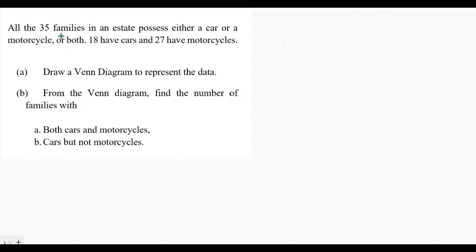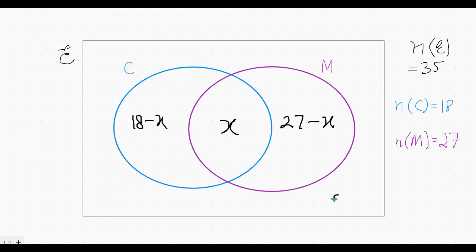So be careful and read the statement very carefully. There will be zero families over here, the region outside of both of the circles.